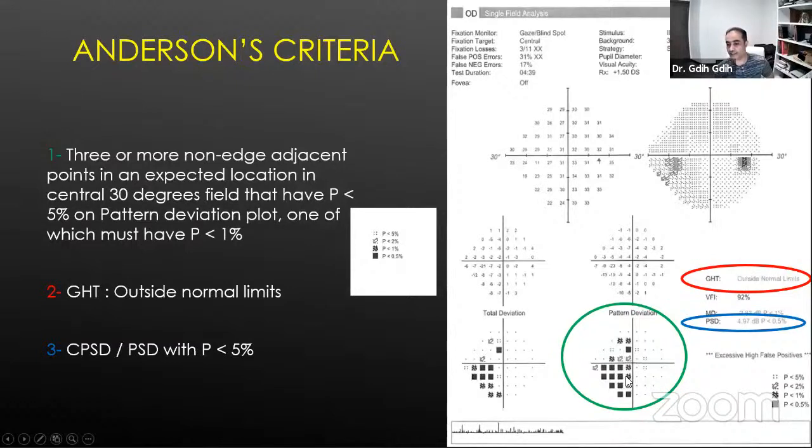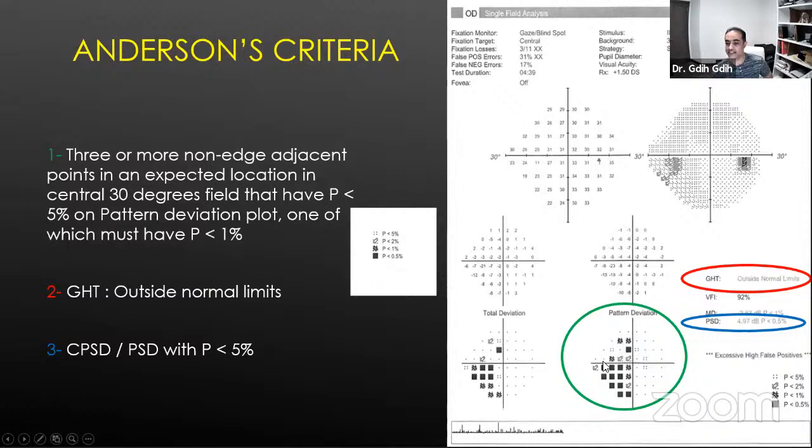They're talking about these points. They have to be non-edge. Non-edge means this 1, 2, 3, 4, 5. We cannot count those. Those are edge points, on the edge of the visual field plot. We count the ones that are inside this one: 1, 2, 3, 4, 5, 6, 7, 8, 9, 10, 11, 12, 13, 14, 15, 16.